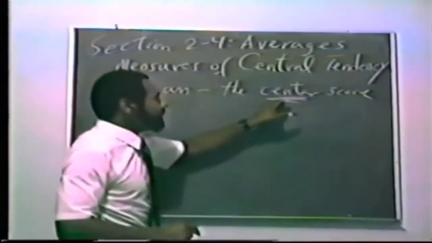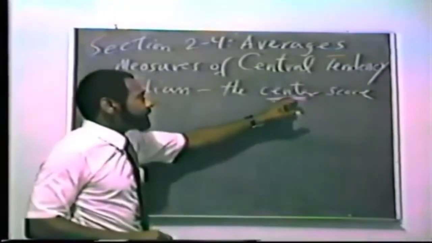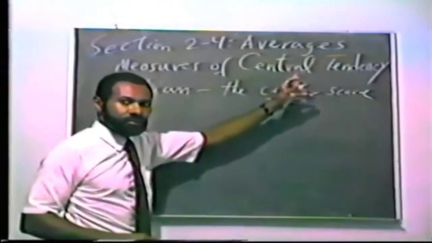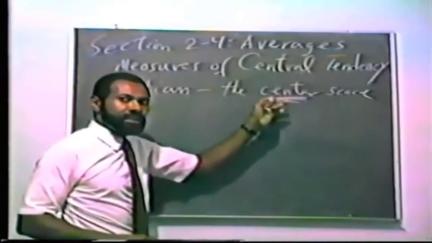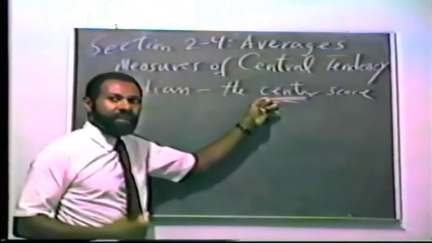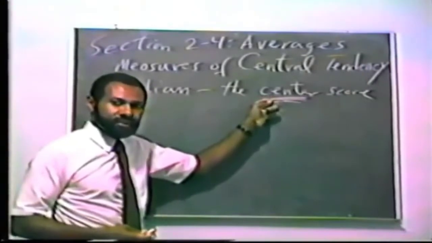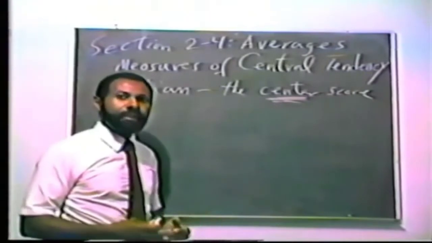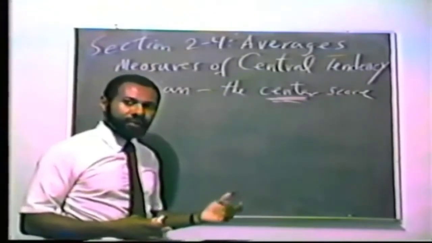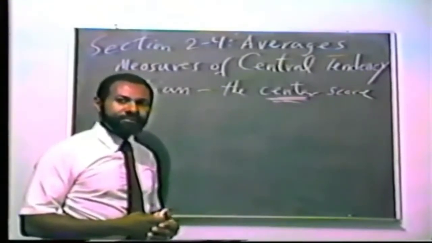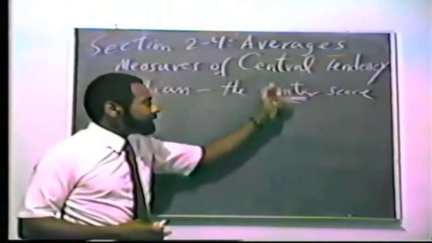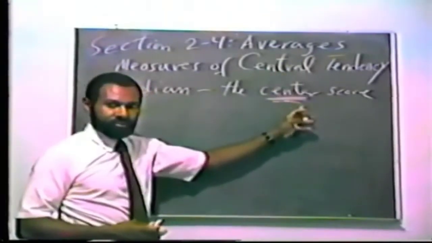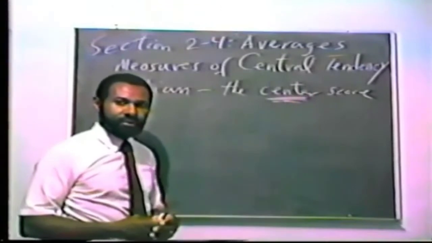And you can see the word center and central. Looking at the median, you can see why we call it a measure of central tendency. It's not as clear when you look at the mode and the arithmetic mean, but it's very clear when you look at the median that you're talking about a central measure.